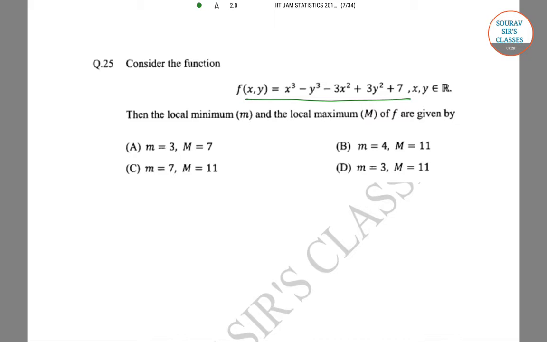So, if you are given a function in two variables of which you have to find local maxima and local minima, you always have to find the Hessian matrix, which is dou square f dou x square, dou square f dou x dou y, and dou square f dou y square.